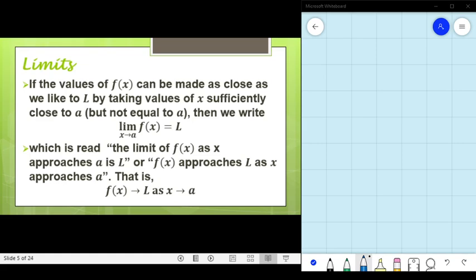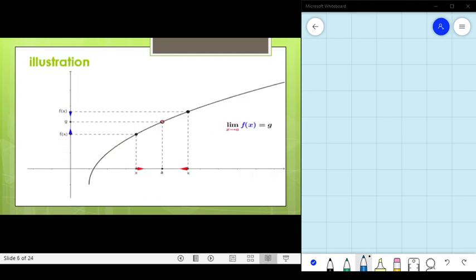So don't forget that in that situation, f of x refers to y and x will be approaching a. So again, y is approaching L when x is approaching a. So that is the illustration.